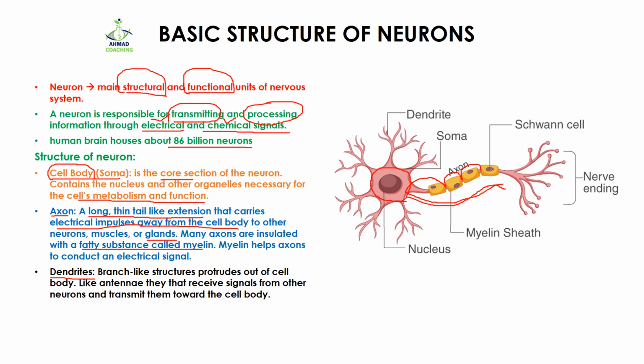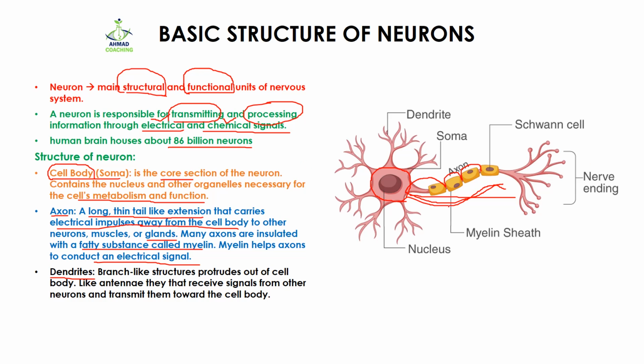In this way, in axons which have myelin sheaths, the impulses jump. Otherwise, if the myelin sheath is not present, the signals just move in a straight line. Myelin helps axons to conduct an electrical signal, and it also provides protection to the axons.